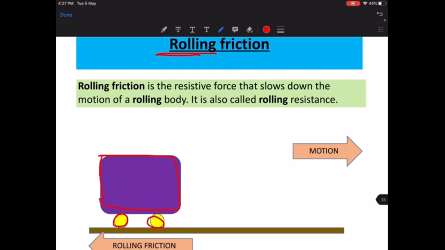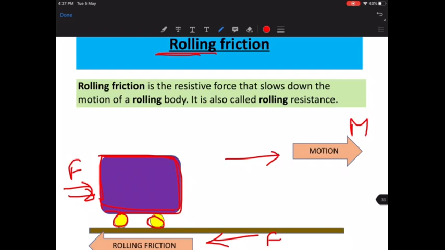What I've done is I've taken this box and placed it over two wheels, right? And now I apply some force here. When I apply some force, the box is going to move in this direction. So this is the direction of the motion. This is the direction of the friction. Now what kind of friction is this? This is rolling friction.